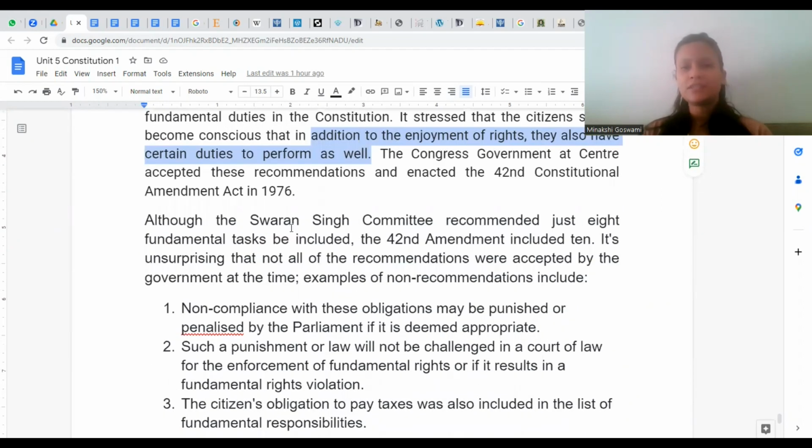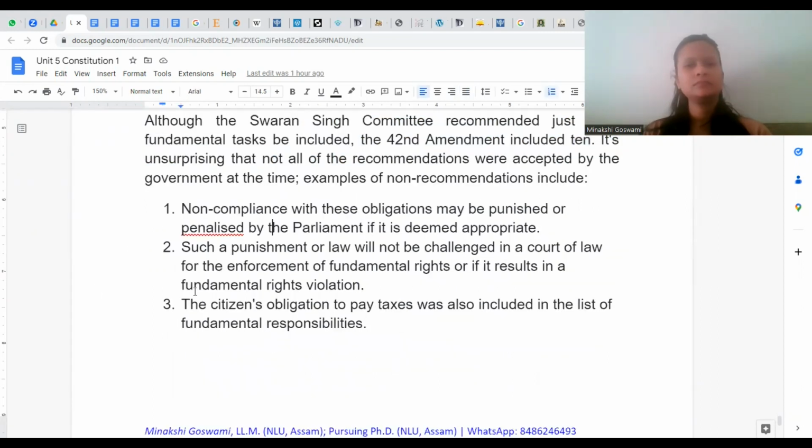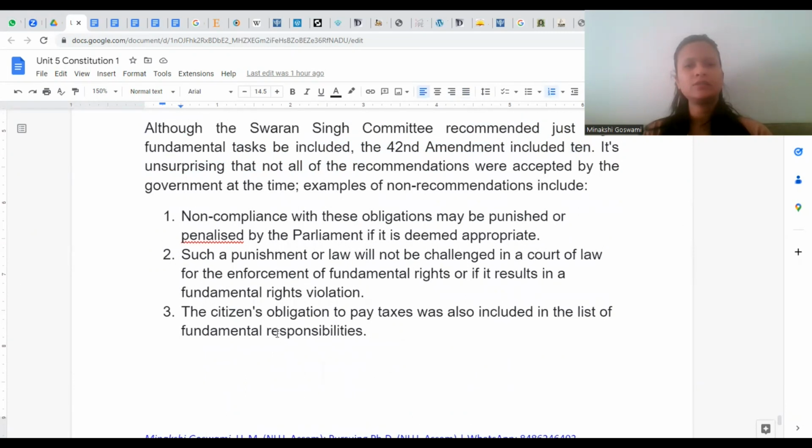The Swaran Singh committee recommended only 8 fundamental duties that they thought were better to be included, but the 42nd Amendment included 10 fundamental duties. So certain recommended things were not added.